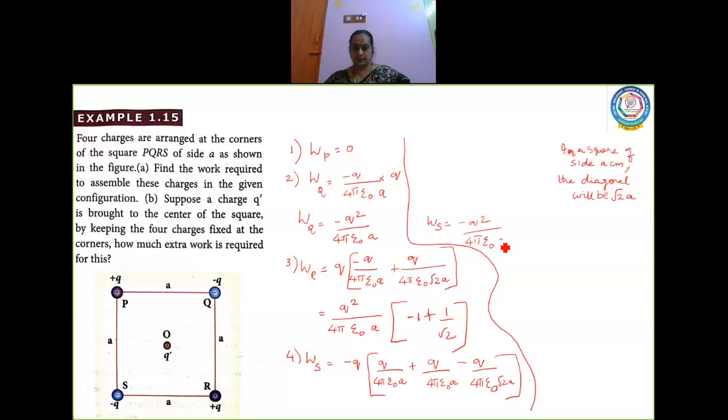So 4 pi epsilon naught a has come outside. So you have inside, here it is q by 4 pi epsilon naught a, here it is q by 4 pi epsilon naught a. So everything will come out. So it is 2q by 4 pi epsilon naught a, right? So q by 4 pi epsilon naught comes out. So you have only 2 inside. 2 minus, you will have 1 by root 2. So this is the work done.